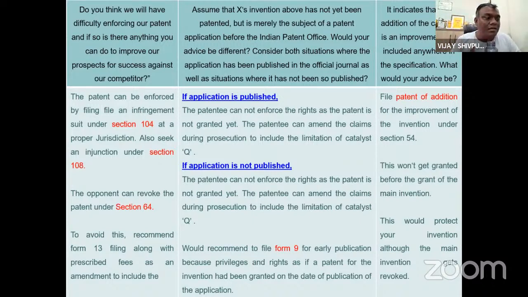So we file basically a patent of addition under section 54. This won't get granted before the grant of the main invention, first thing, and this would protect your invention, although the main invention, if at all, gets revoked. ये भी आपको mention करना है, because this is also important as far as the patent of addition is concerned.